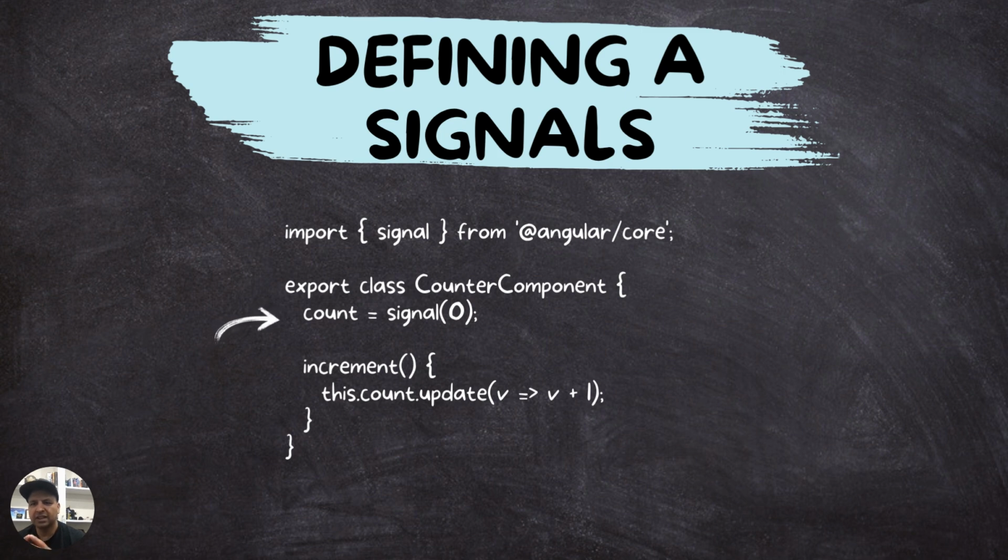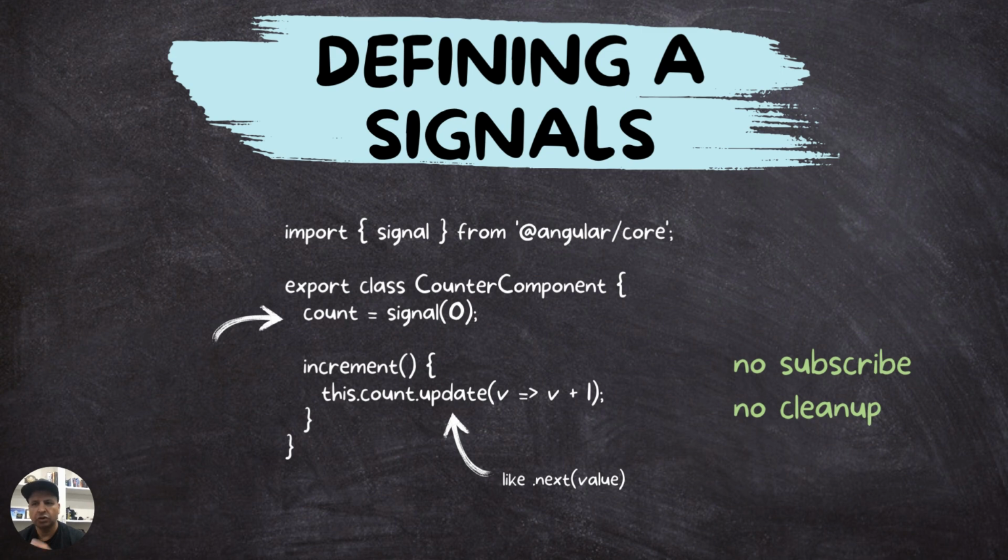So this is one of the simplest examples, creating a signal inside a component. So here I'm defining a signal called count and initializing it to 0. To update the value, we call update and pass a function that receives the current value. So it's like next in the behavior subject, but way more ergonomic. So where would you use this?